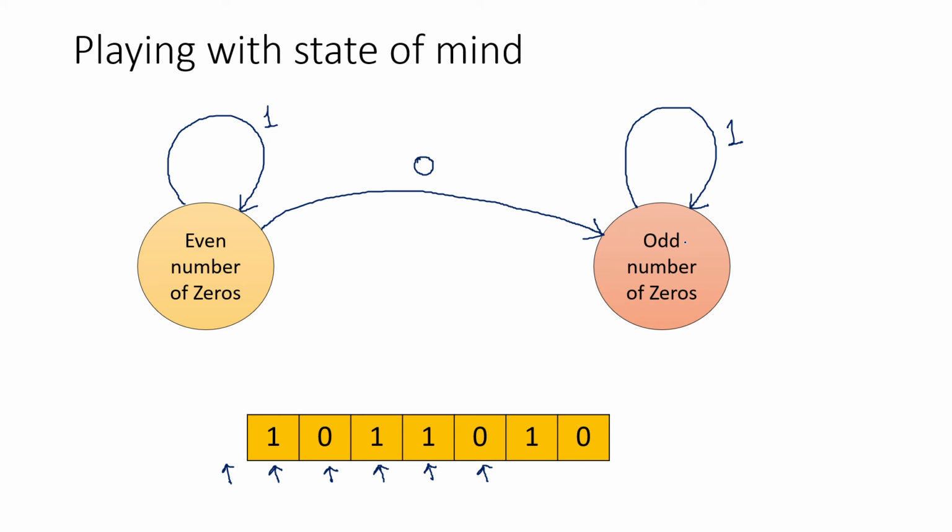So at that point your state of mind will change again from odd number of zeros to even number of zeros. That means we will have a transition from this state to this state.